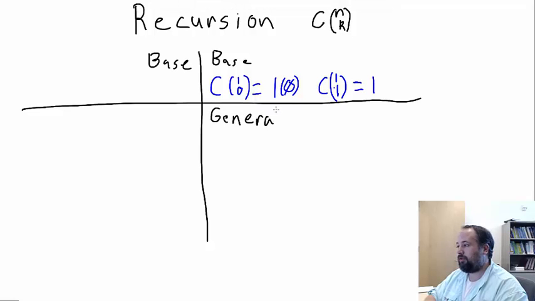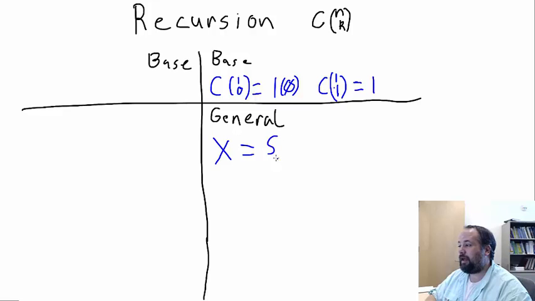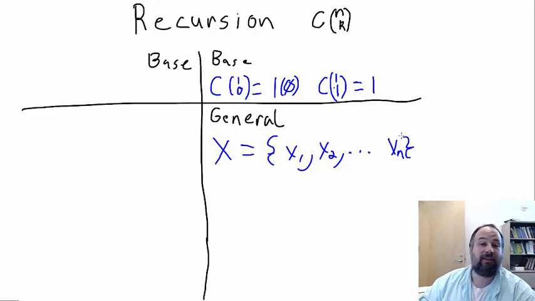Let's look at the general case. Suppose we have a set X, and X is made up of x sub 1, x sub 2, all the way up to x sub n. So x sub n is our nth element. It doesn't have to be an order, it's not an ordered set, but it's the last element when we list it out.